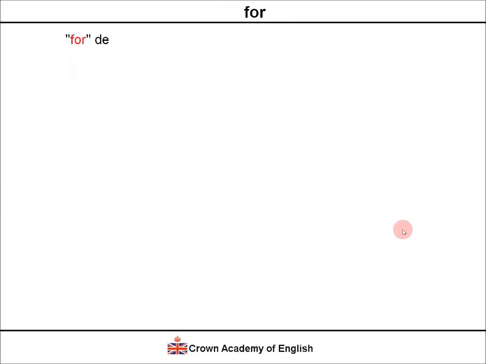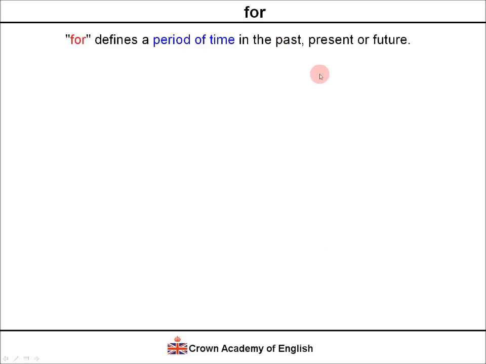For defines a period of time in the past, present, or the future. So what is very important is that we use a period of time with the word for. It describes a duration of time.